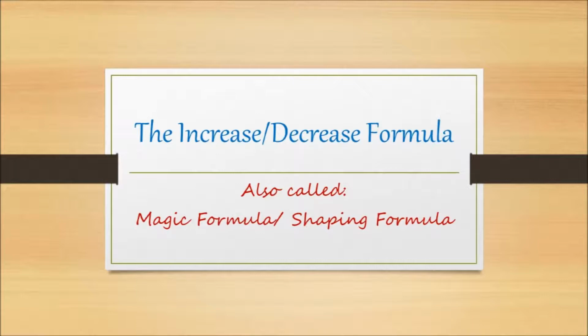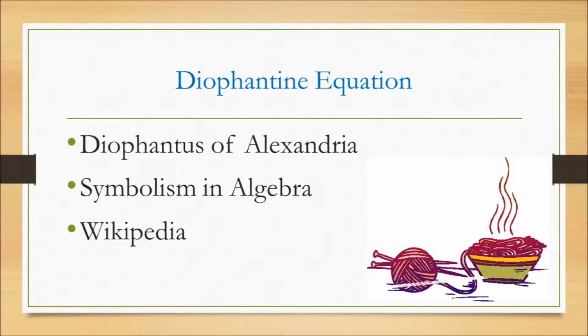the increase-decrease formula. And this formula actually comes from a Diophantine equation, and that is just a little history blurb by a really smart guy, a mathematician, way back when in Alexandria called Diophantus.